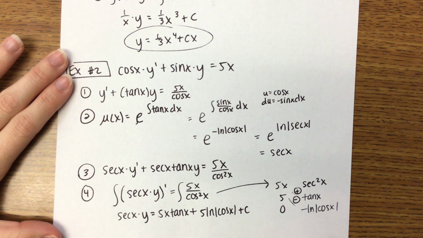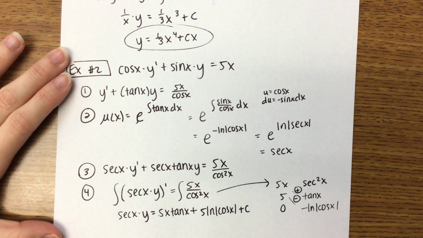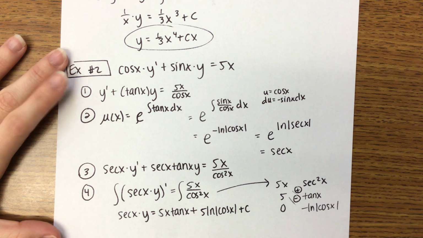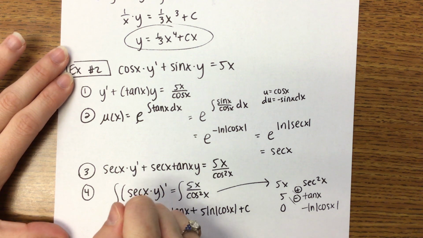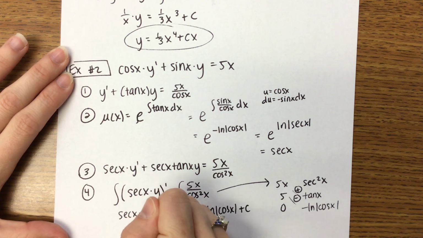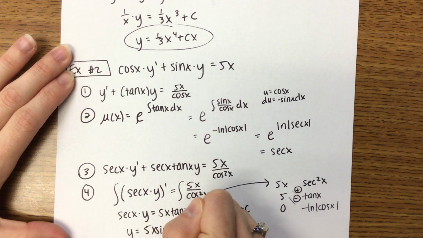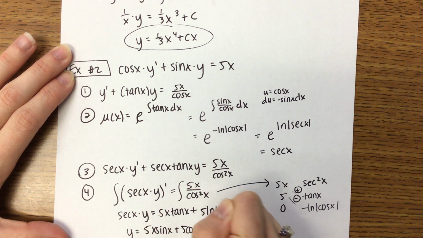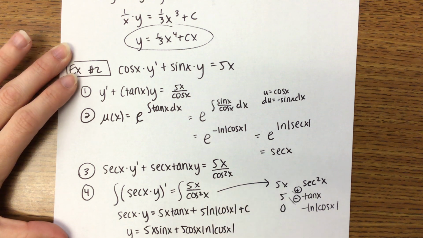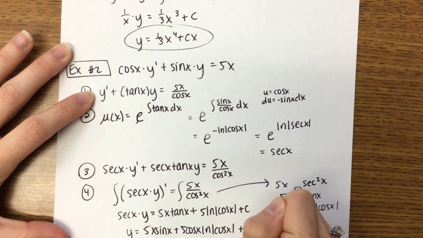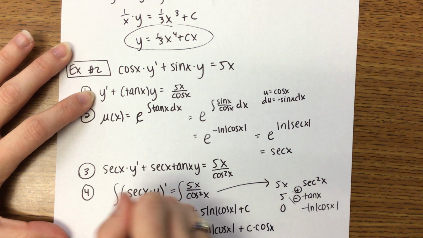Last thing, get an implicit solution or explicit. Divide by secant x or multiply by cosine x. We get y is equal to 5x sine of x plus 5 cosine x natural log of cosine x plus c times cosine of x.